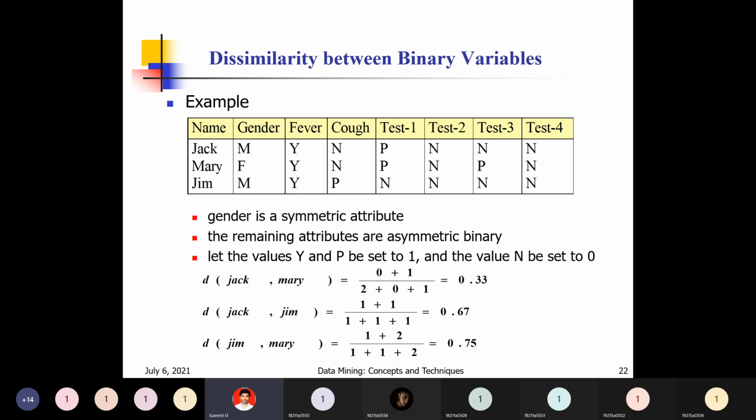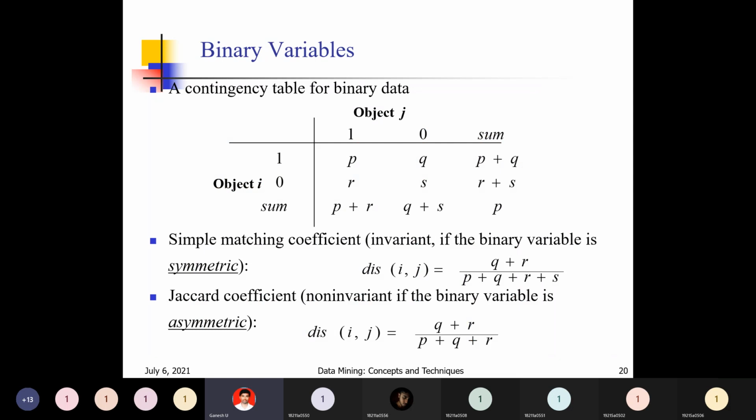You draw the contingency table, along the x-axis 1 0, along the y-axis also 1 0, and represent P, Q, R, S. P is the combination 1 1, Q is 1 0, R is 0 1, and S is 0 0. Like that you take the different values.